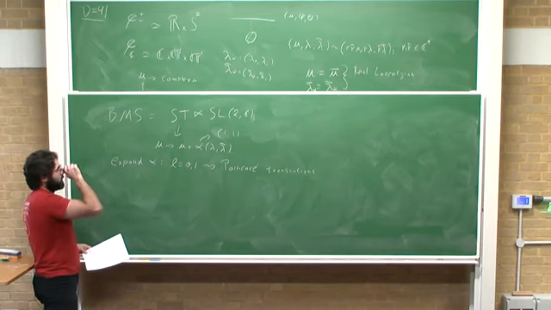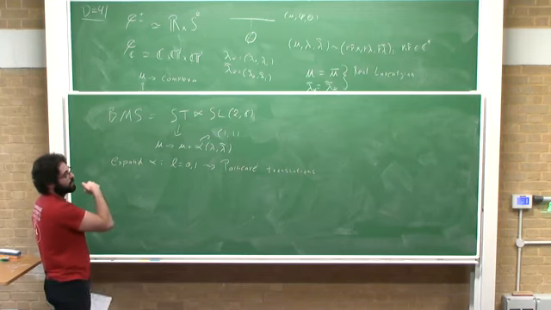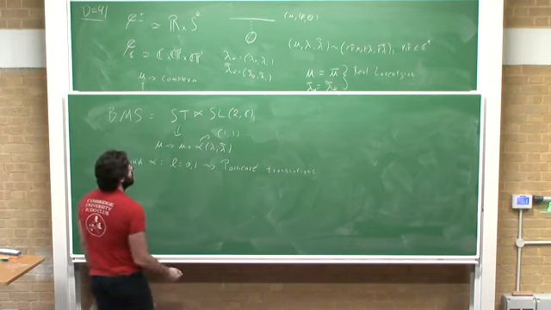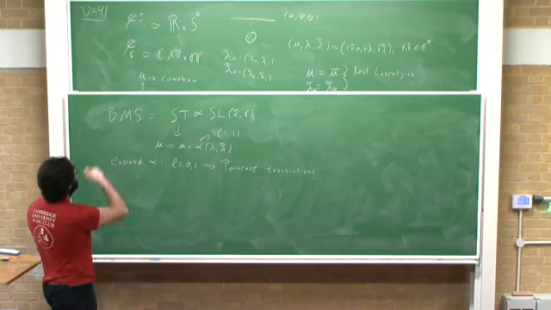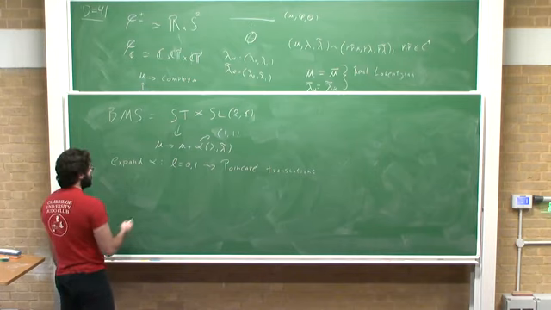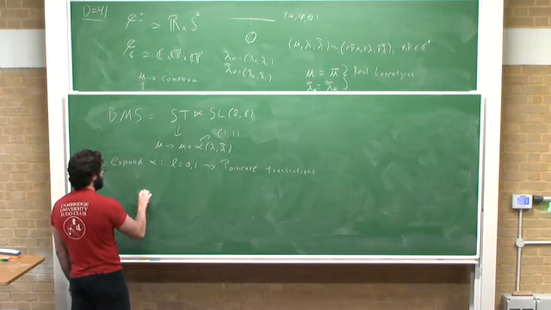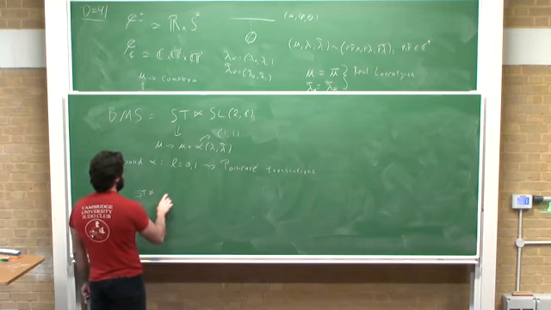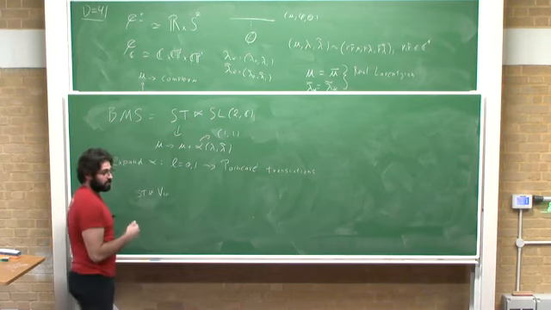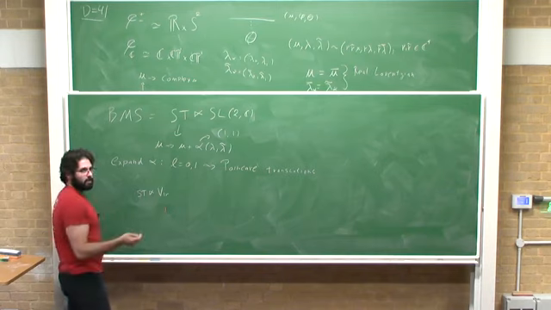Now, the work of Barnich and Troessaert was motivated by looking at this: we have an SL2C, so there is a sphere somewhere, and you know there's a sphere because topologically it's R cross S2 in the real. So, can we define a symmetry algebra where I have supertranslations cross Virasoro? I don't require the conformal transformations to be global on the sphere, I allow them to have some poles somewhere.